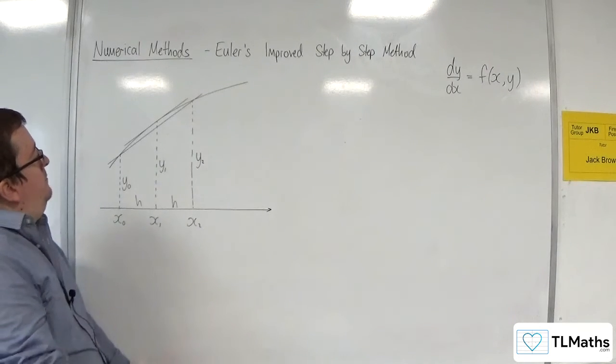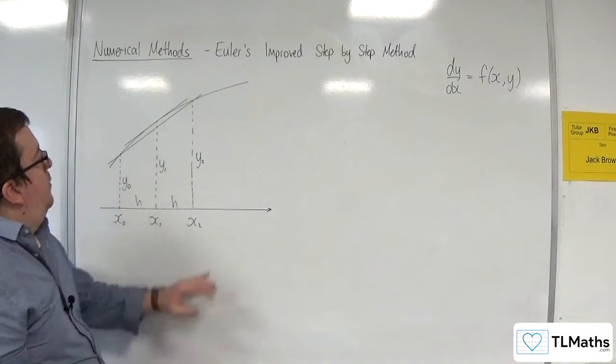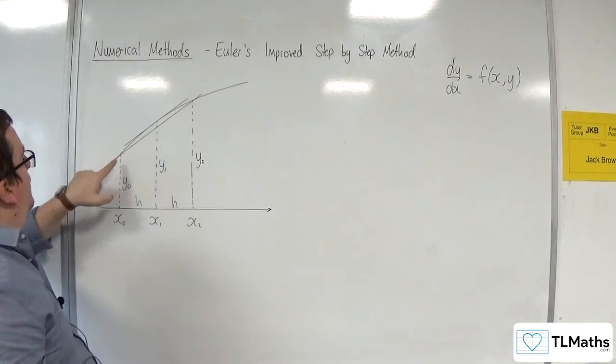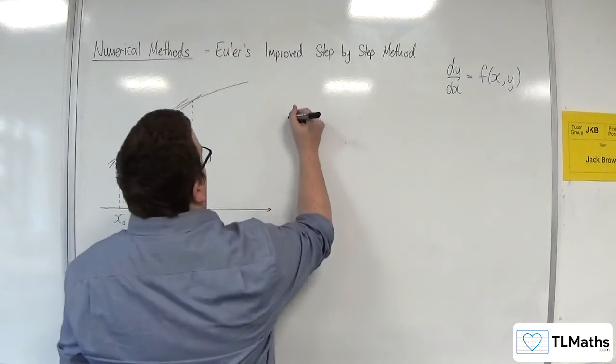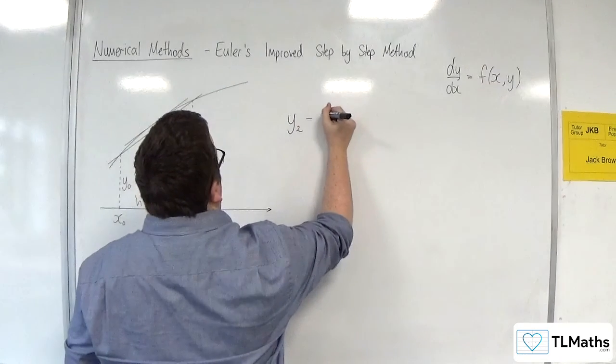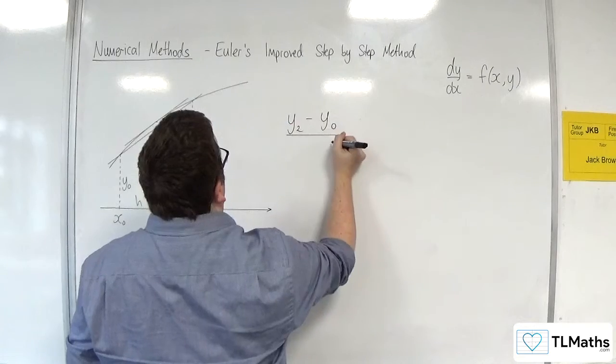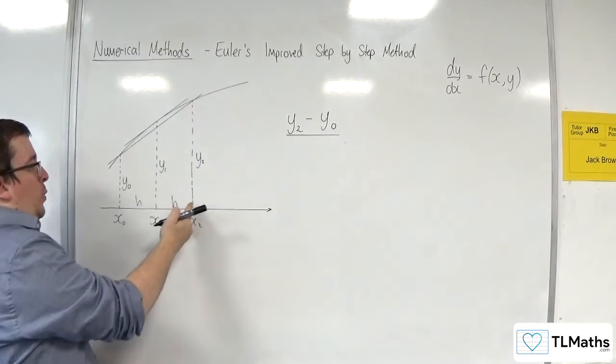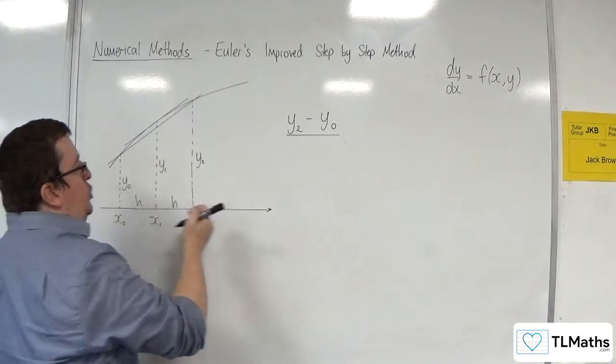So what I can then write down is, okay, well, the gradient, this first line that I drew, the gradient there would be the difference in the y coordinates, y2 take away y0, divided by the difference in the x coordinates, which is 2h.